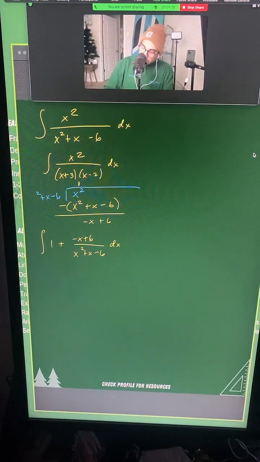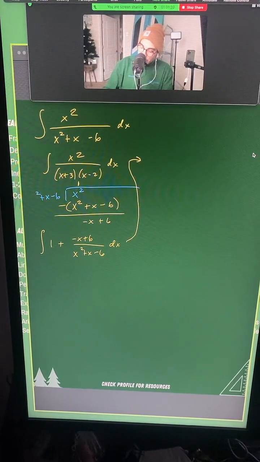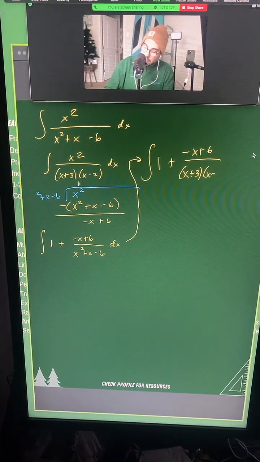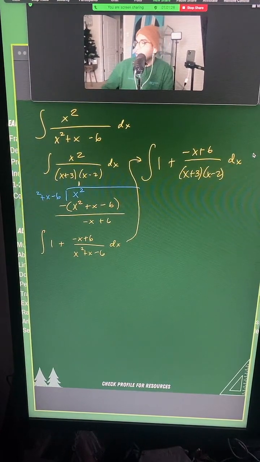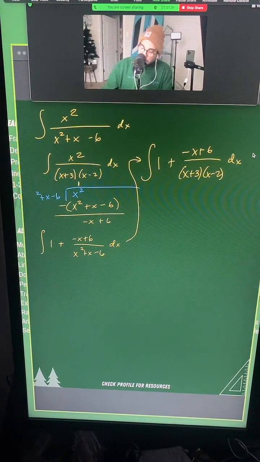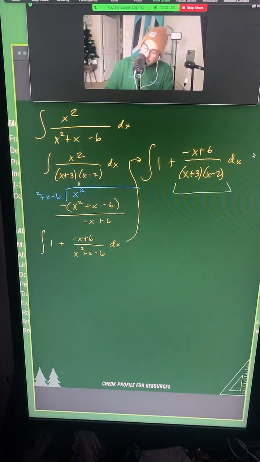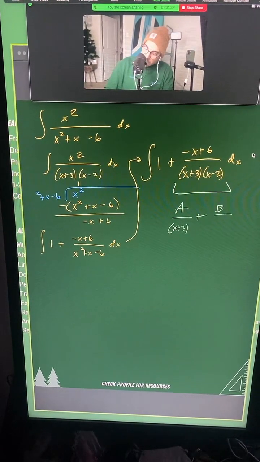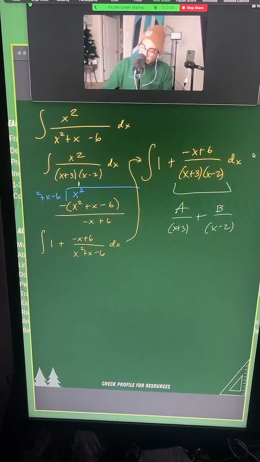All right, so just to rewrite this, I have the integral of 1 plus, and this is where we're going to use the partial fractions. I'm going to rewrite this as x plus 3, x minus 2 dx. So we're going to split this into a over x plus 3 plus b over x minus 2.